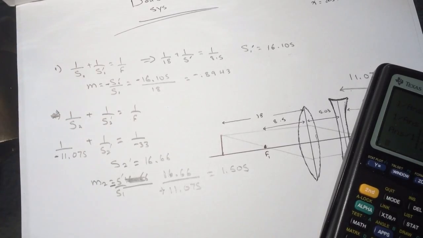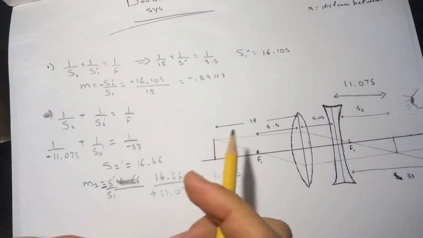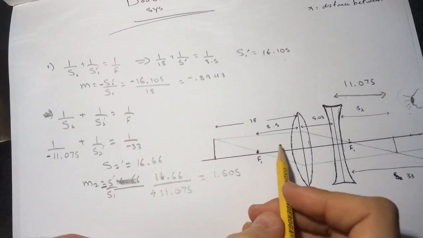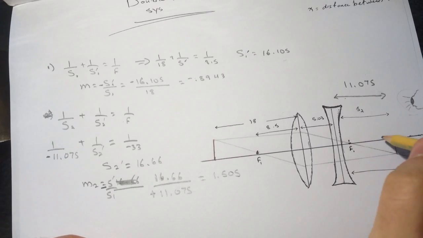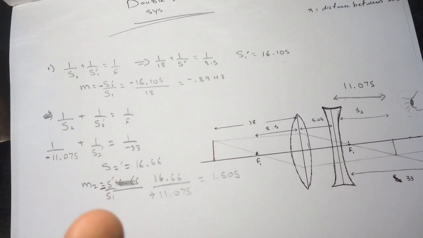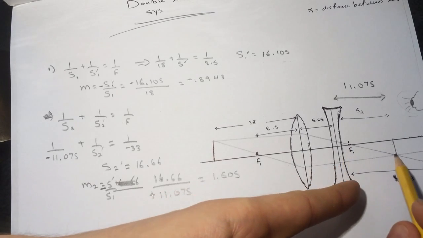Alright. So we got the distance s2, which is the distance between the image produced by the first lens, which was now the object for the second lens.